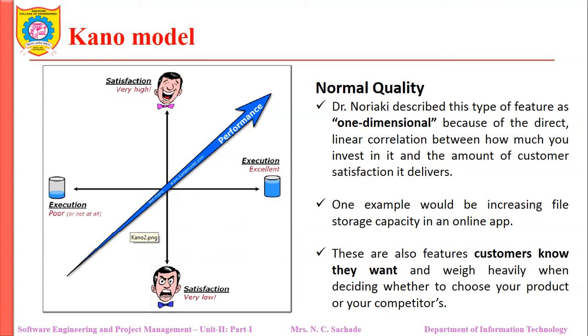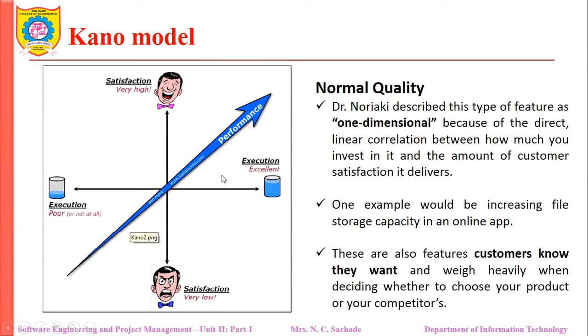The first set of requirements are called performance requirements, normal quality requirements, or one-dimensional requirements. Dr. Noriaki described this type of feature as one-dimensional because, as you can see, there is a direct linear correlation between how much you invest in them and the amount of customer satisfaction it delivers.